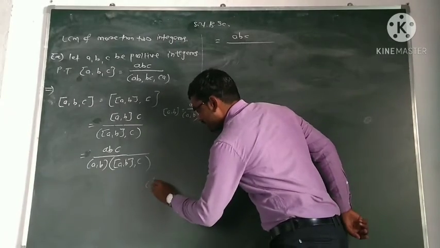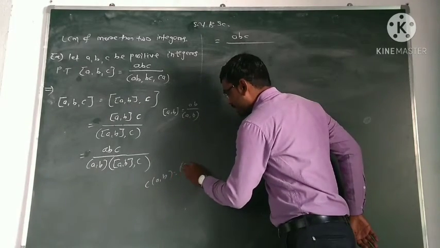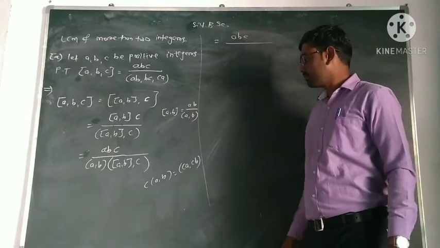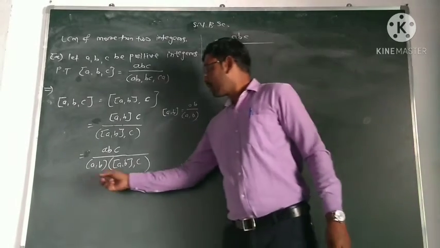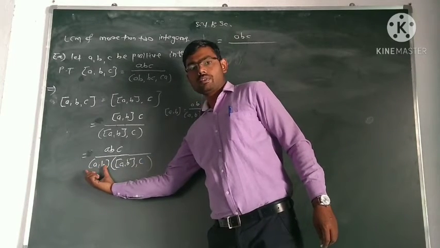C into the GCD of AB is equal to the GCD of CA and CB. Using this property, we can multiply with this integer inside, because the GCD is also an integer.